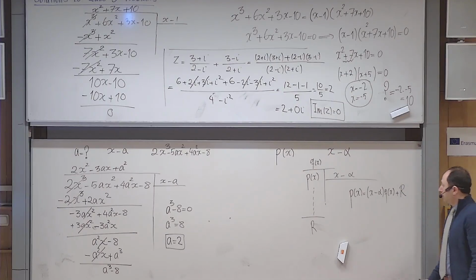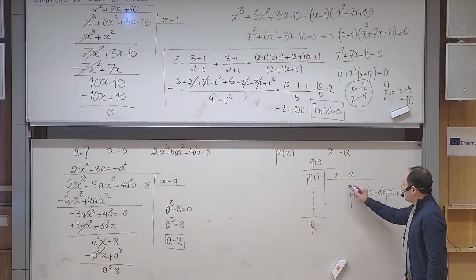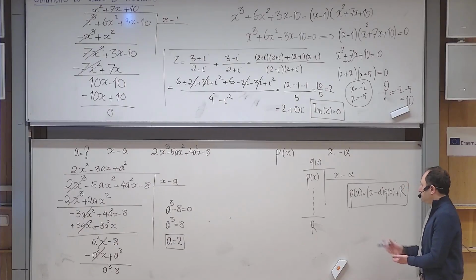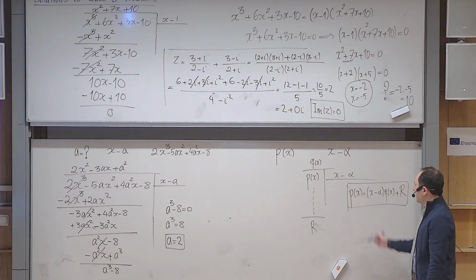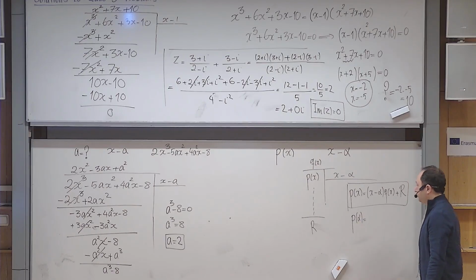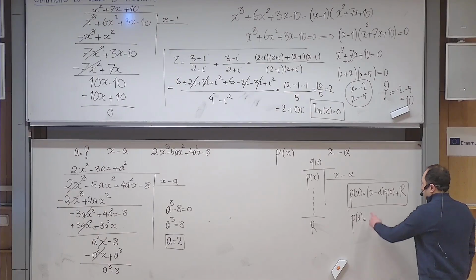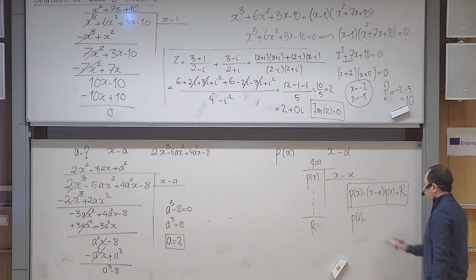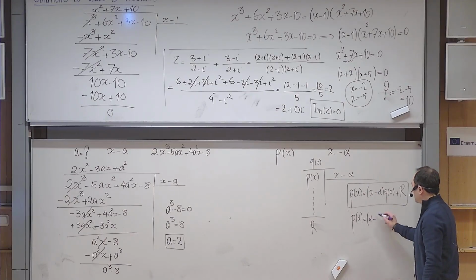Okay? Now, let me ask you something. It might seem a random calculation, but don't worry, just answer the question. If I ask you what is p of alpha, this is very simple to answer. Why? Because when I want to calculate p of alpha, I have to replace x with alpha everywhere. So I replace this x with alpha, minus alpha.